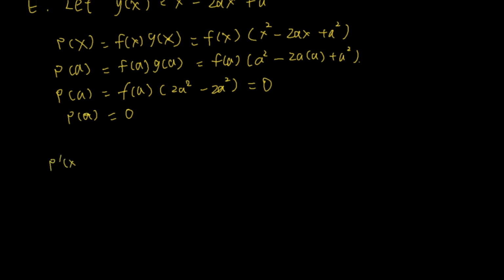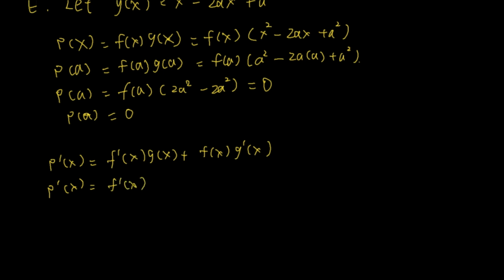P prime at x, take the derivative of P at x, which I will have f prime at x times g at x plus f at x times g prime at x. So P prime at x is equal to, we don't know what f at x is equal to, so we also don't know what f prime at x is equal to. So leave it like this.